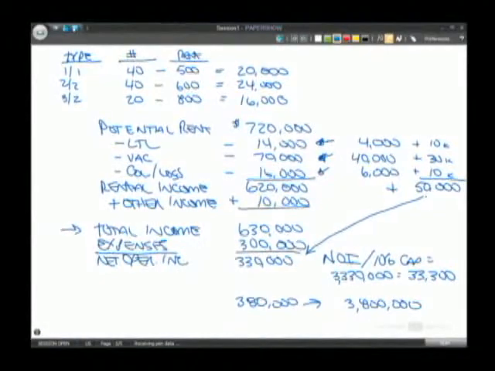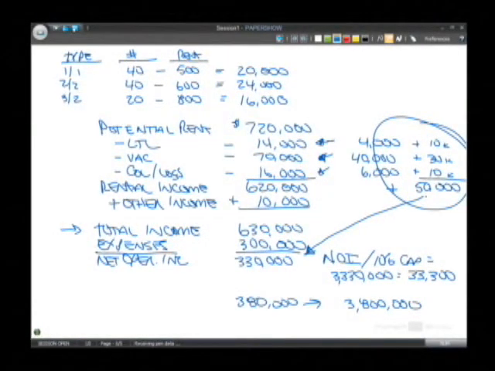By becoming more efficient and saving that $50,000 puts $50,000 more to the bottom line, which increased the value of the property by $500,000.